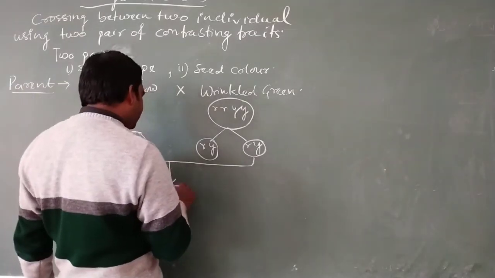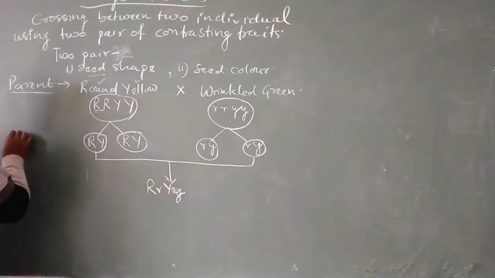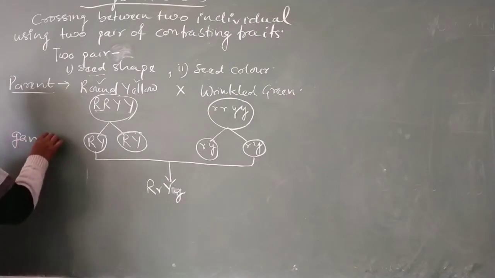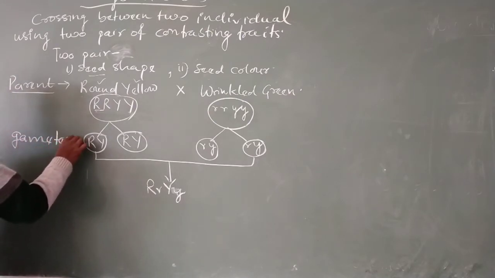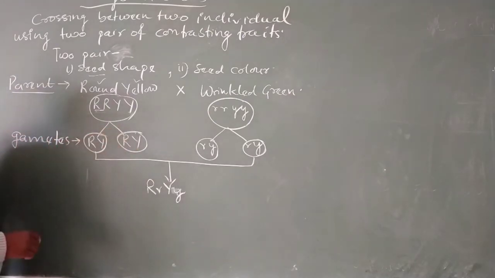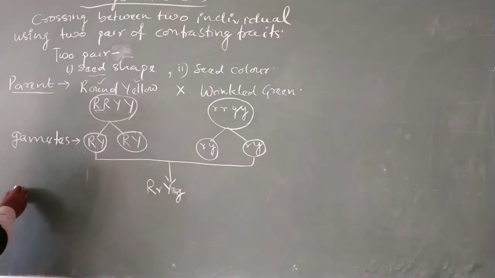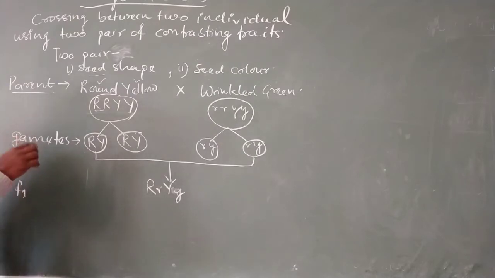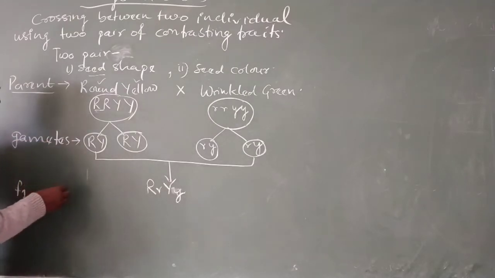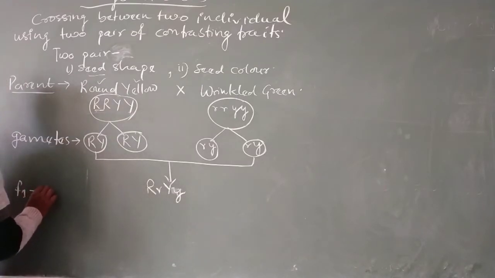So in the F1 generation, these are the gametes. After fusion of gametes, the offspring of the parental generation are understood as the F1 generation.